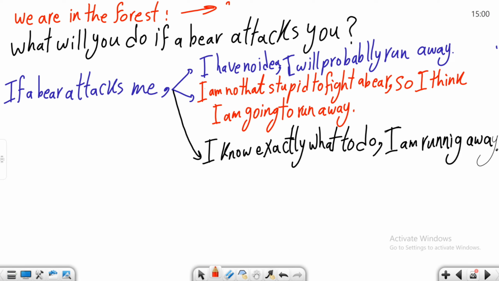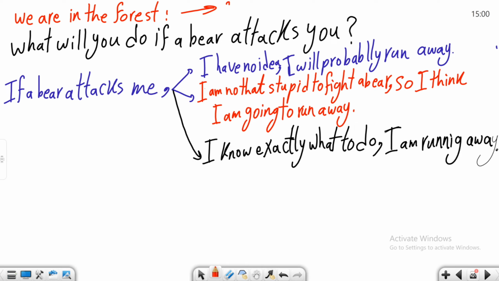I'm always describing a situation for you, or I create a scene for you, like a film. I'm telling you to imagine you are in the camp, you are in the forest, you are in, for example, the city, so that you understand the contextual uses, the psychological uses, the cultural uses of these tenses.